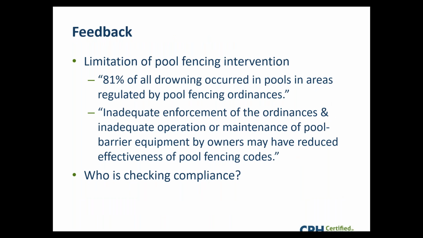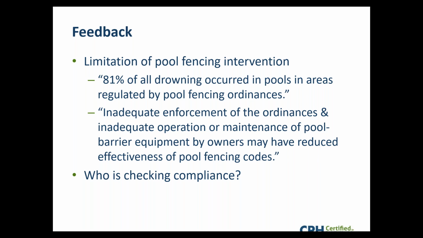For example, 81% of all drowning occurs in pools that were regulated by pool fencing ordinances. That is, most of the time that law has already been in place, so there's something further that's needed. Inadequate enforcement of the ordinances and inadequate operation or maintenance of pool barrier equipment by owners may have reduced the effectiveness of pool fencing codes.